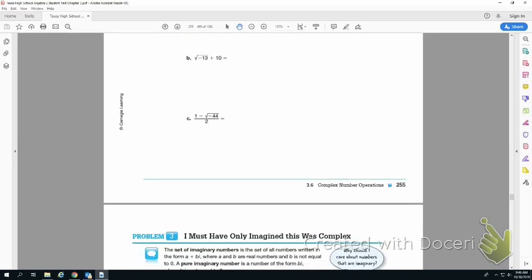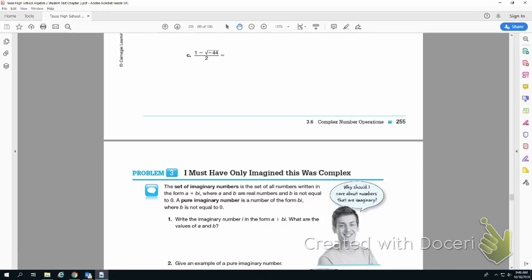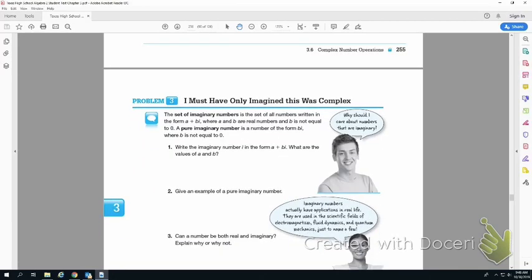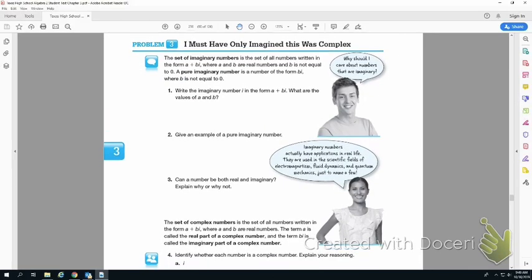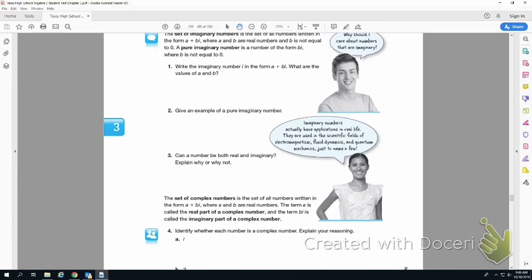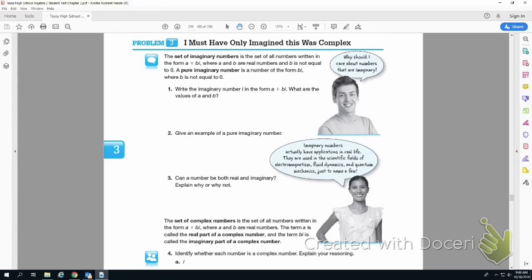Alright, so go ahead and turn to the next page. This page is going to be extremely short. Just going to go through a couple. This kind of talks about the comparison between just the imaginary number and one that is called complex. So you've got the set of imaginary numbers is the set of all numbers written in A plus BI, where A and B are real numbers and B is not equal to 0.